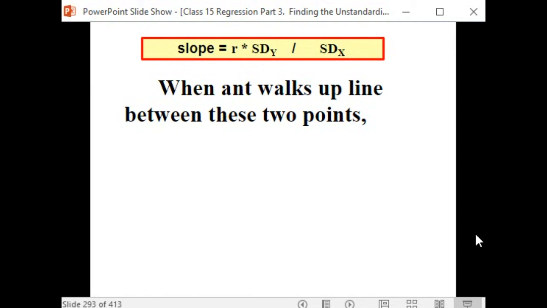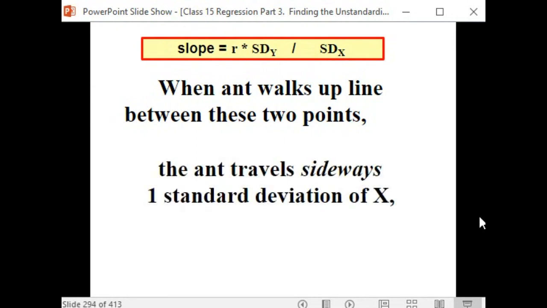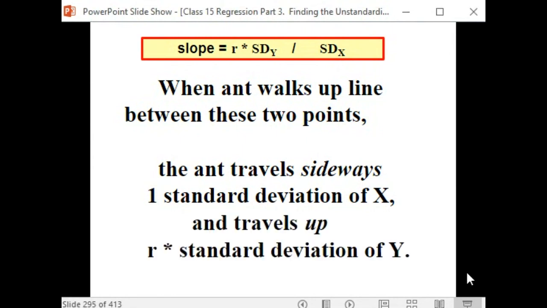The run is equal to the standard deviation of x. So, when the ant walks up the line between these 2 points, the ant travels sideways 1 standard deviation of x and travels up r times the standard deviation of y.